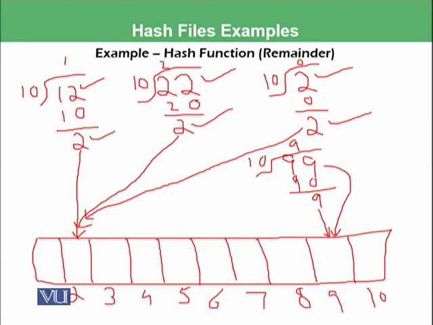So this is one of the simplest ways: we divide any number we want to store by some number which is agreed upon at the start, and then store it in that particular bucket.